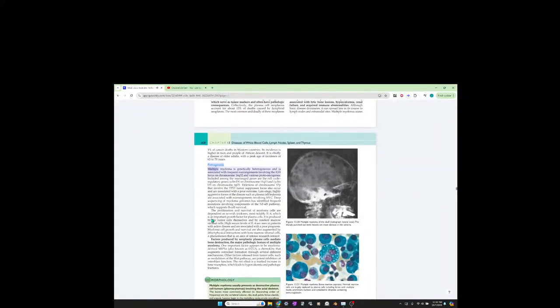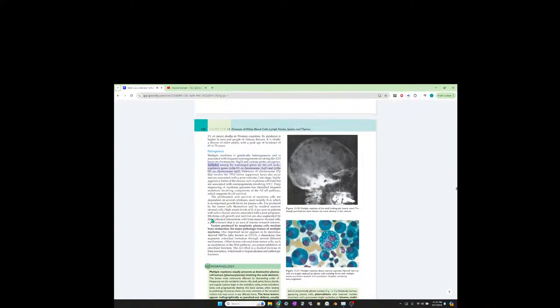Pathogenesis. Multiple myeloma is genetically heterogeneous and is associated with frequent rearrangements involving the IGH locus on chromosome 14q and various proto-oncogenes. Included among the rearranged genes are the cell cycle regulatory gene cyclin D1 on chromosome 11q, and cyclin D3 on chromosome 6p.